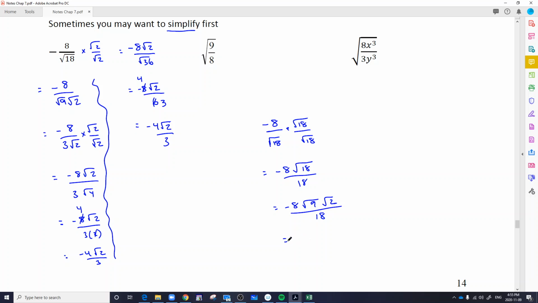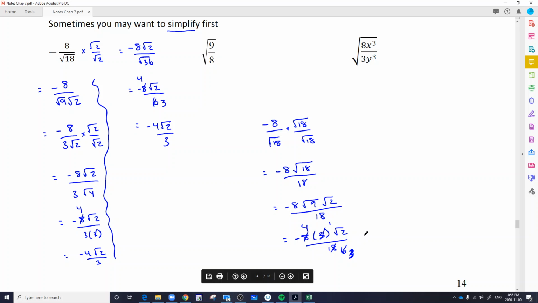All over 18, you'd get -8 times 3 times root 2 all over 18, and then you'd have to simplify this. So 3 goes into itself once and into 18 6 times. 2 goes into 6 twice and into 8 4 times, but you still get -4 times root 2 over, oh sorry, that was supposed to be goes into 3 times, sorry. Too much simplifying and I'm bound to make a simple mistake.